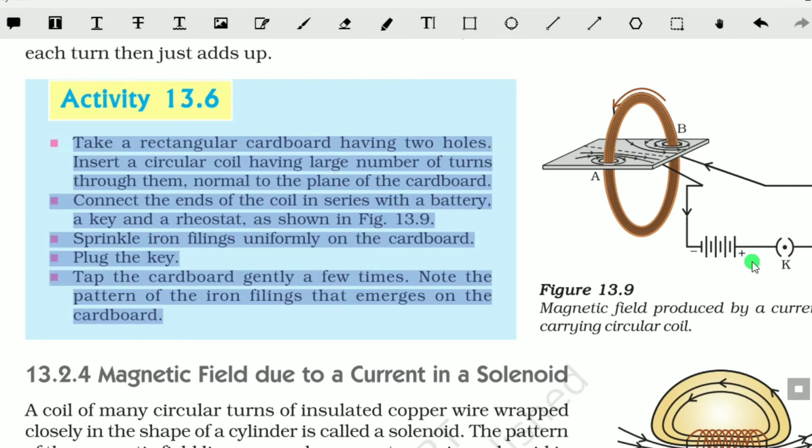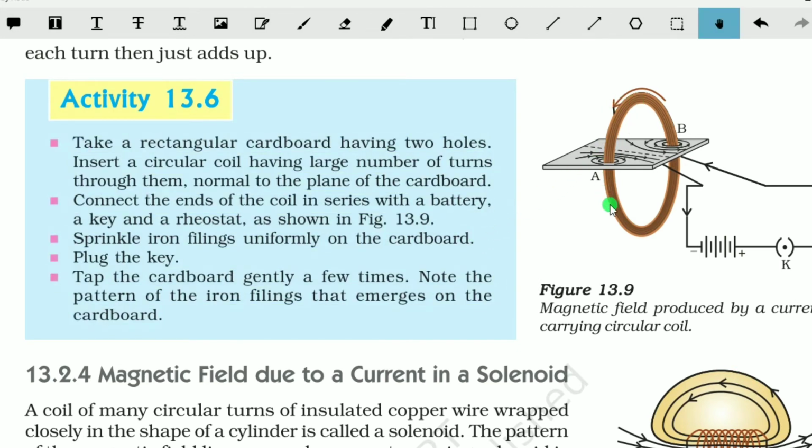Sprinkle iron filings uniformly on the cardboard. You can see the rheostat is not shown in the figure; only the battery and key have been shown. Plug the key. Tap the cardboard gently a few times. Note the pattern of the iron filings that emerges on the cardboard.